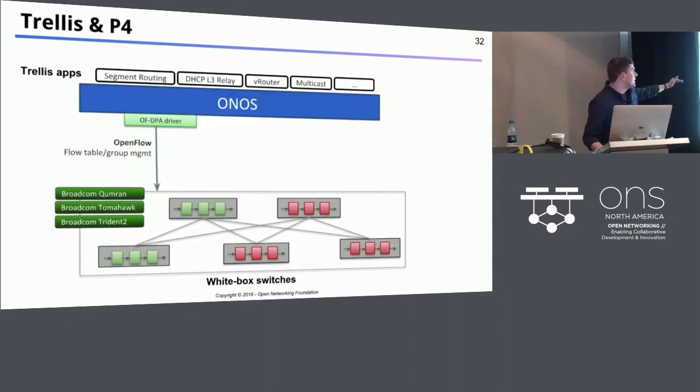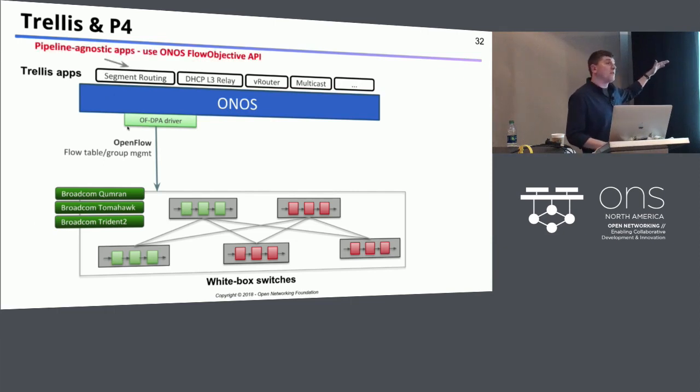As I said, it was originally designed to work with Broadcom Silicon, and today we have support for different chips from Broadcom. On top of ONOS, we have the Trellis applications, and these applications are writing against the Flow Objective API, which is the pipeline agnostic API that I described before.